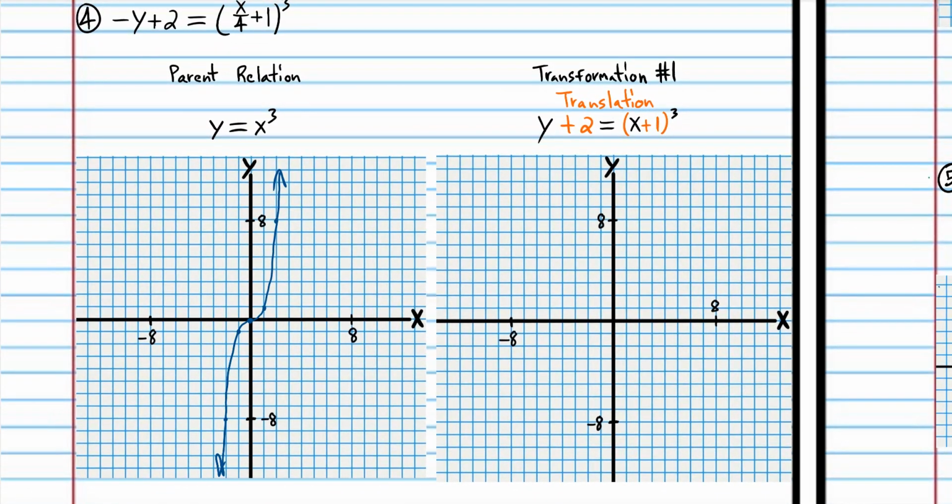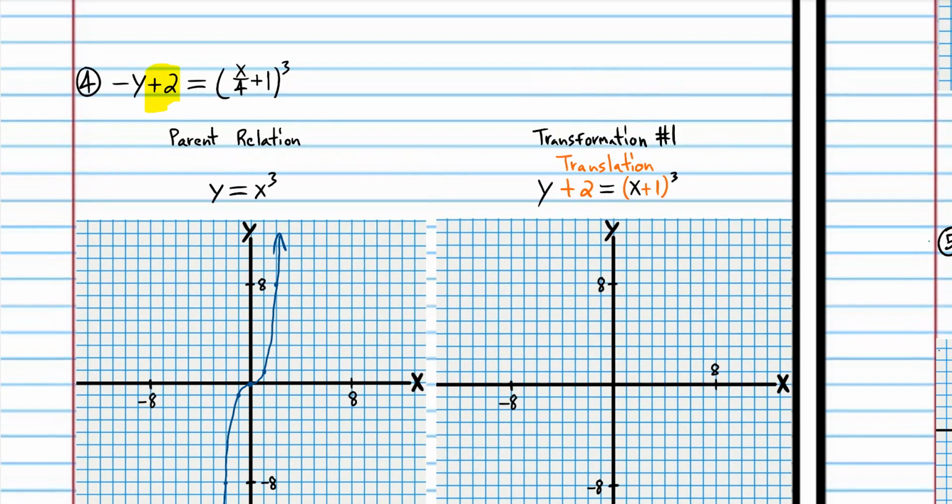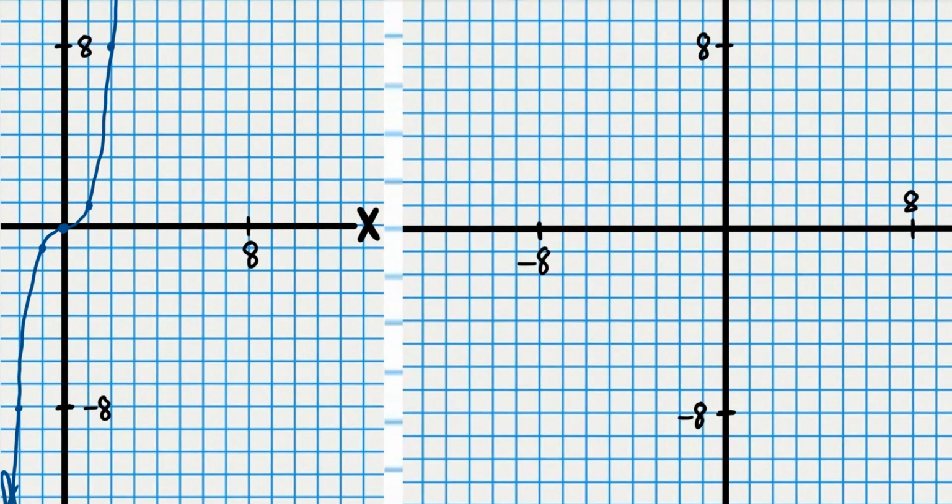Now, you see up here, 2 is added to negative y, and 1 is added to x over 4. So we're going to modify this equation. We're going to replace y with y plus 2, and we're going to replace x with x plus 1. If you do that, you take the graph of the previous equation and move it 1 unit to the left and 2 units down.